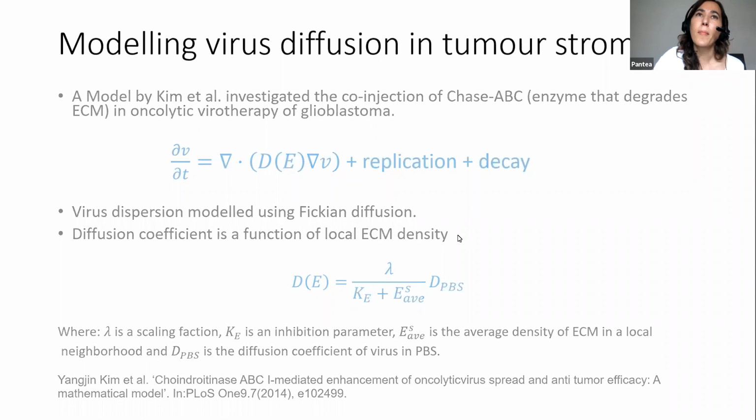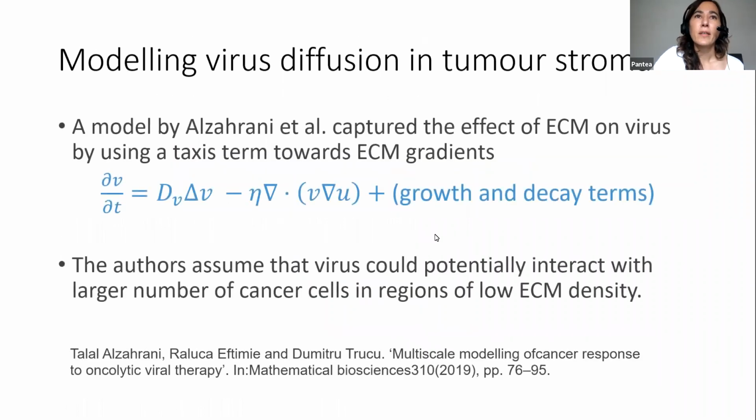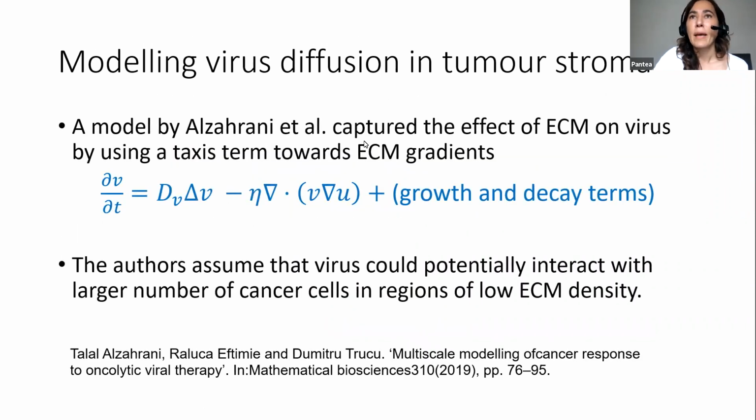Here's another model where they captured the effect of ECM on viruses by using a taxis term towards ECM gradients. Here we've got a natural diffusion rate again, a constant diffusion rate, and we have this taxis term.